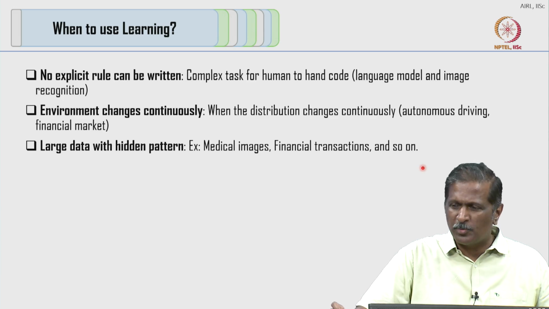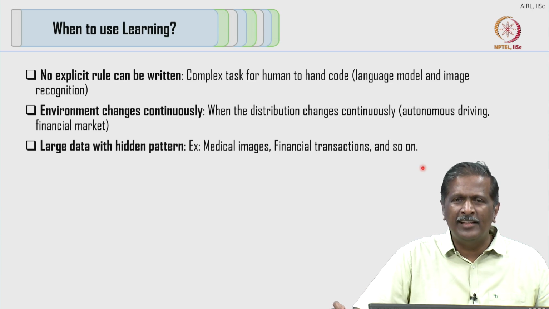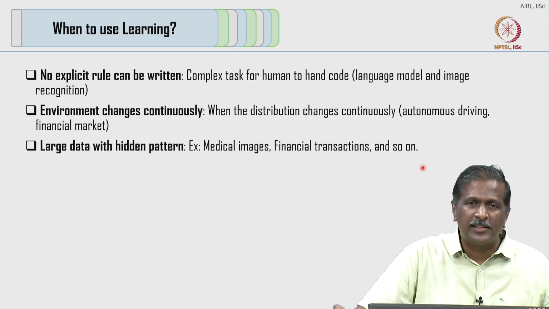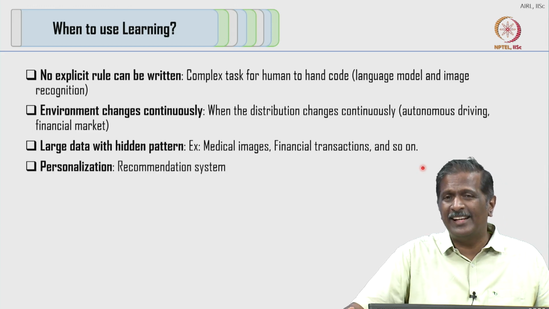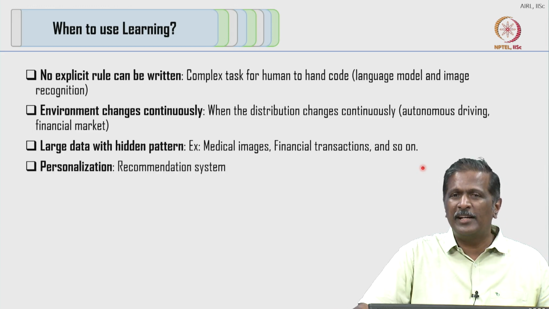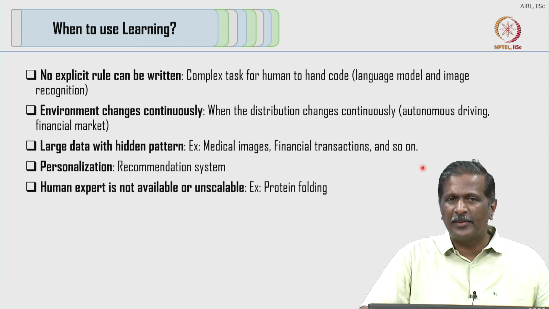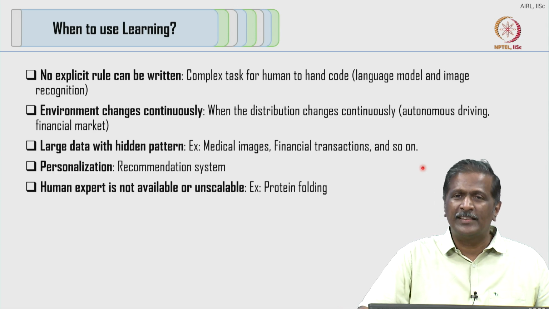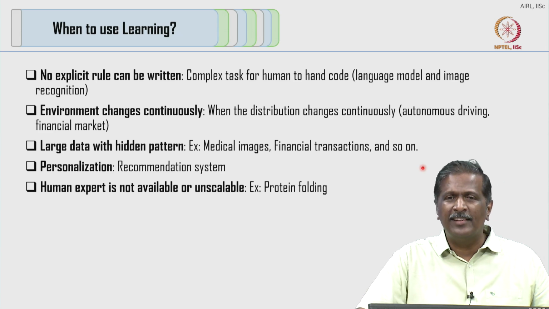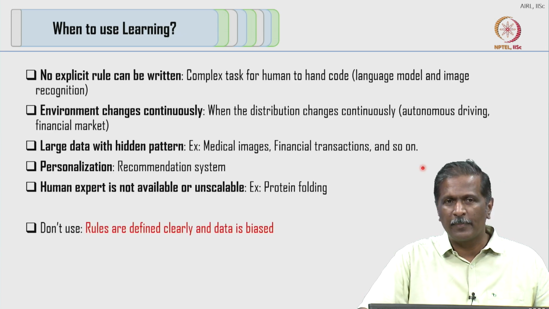Identify a specific lesion region from medical images. It makes more sense. Personalization, recommendation systems, we talk about it. When a human expert is not available or use of a human expert is not scalable, that's also a scenario where you will be using learning based solutions.